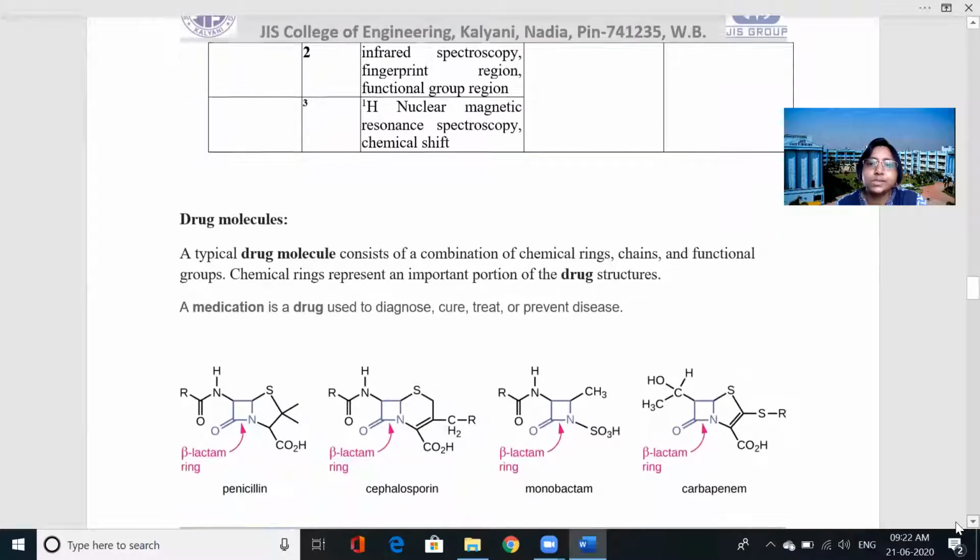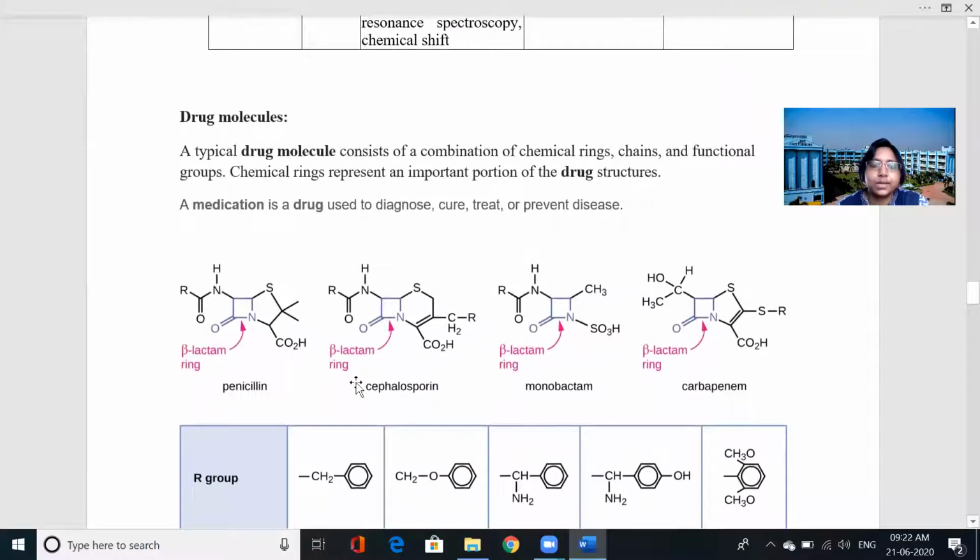So what are drug molecules? A typical drug molecule consists of a combination of chemical rings, chains, and functional groups. Chemical rings represent an important portion of the drug structures.